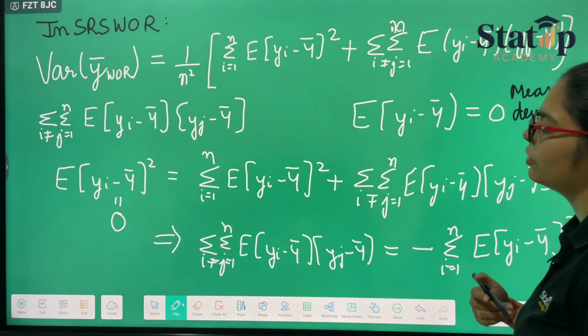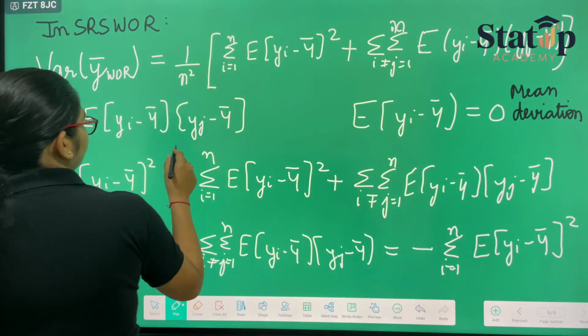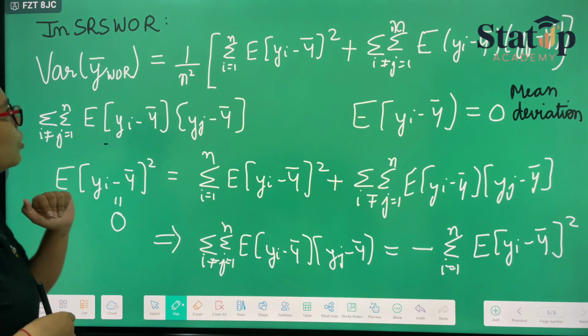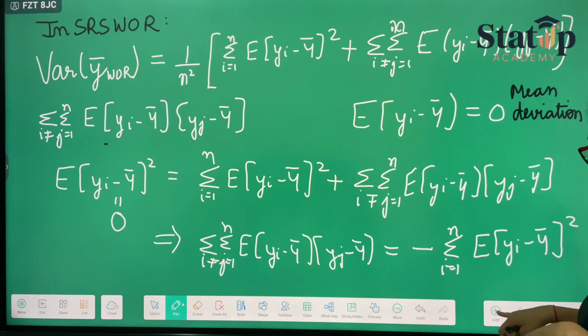So this is the value here. We can substitute the value of this here. So we will get the expectation of (yi minus y bar) whole square.